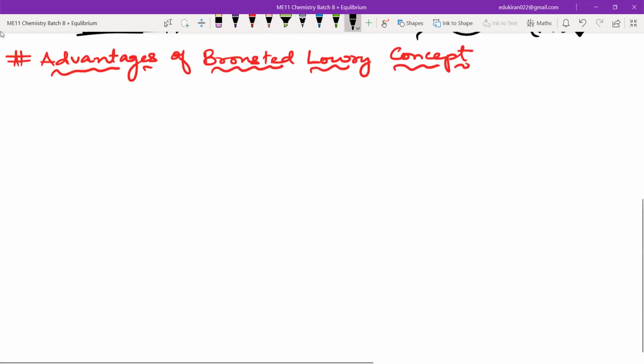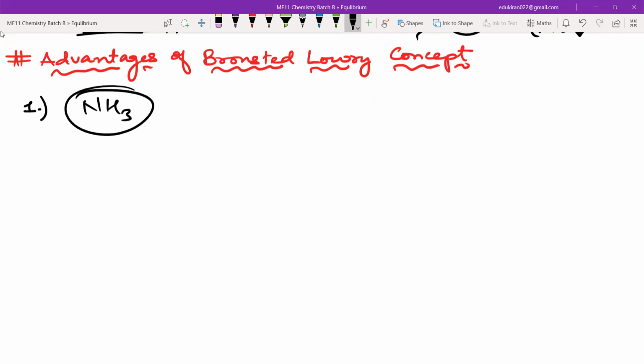Number one advantage is that it explains the basic character which Arrhenius could not. Whatever advantages I'm writing now are with respect to the Arrhenius concept. According to Arrhenius, NH3 should be an acid, but it is not. It is a base.